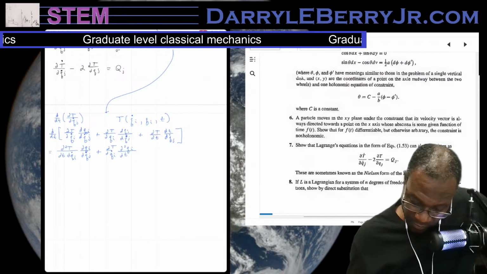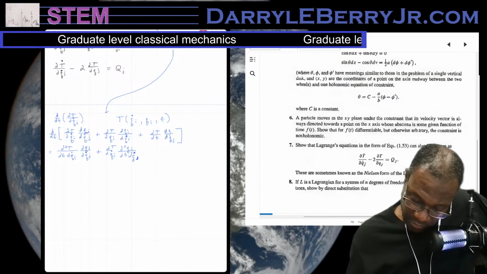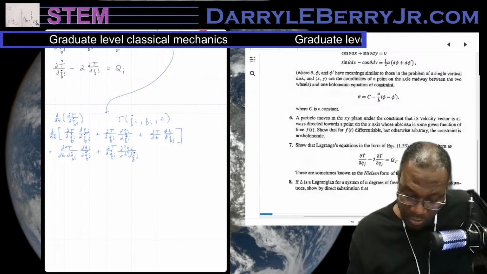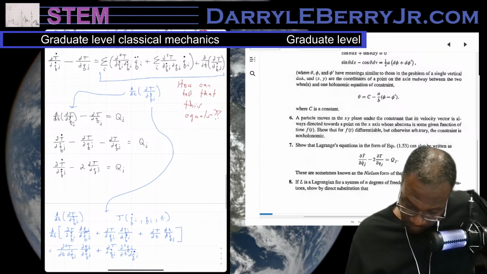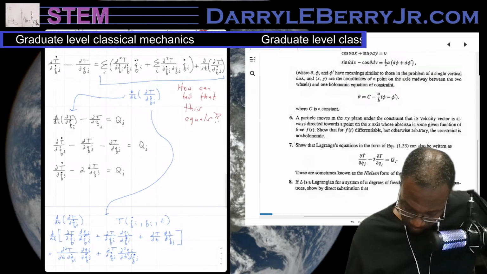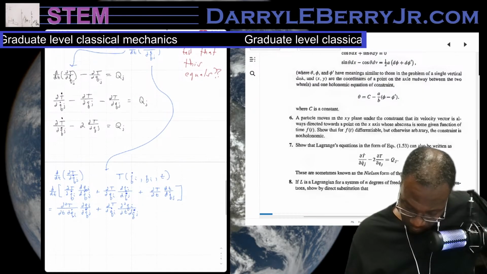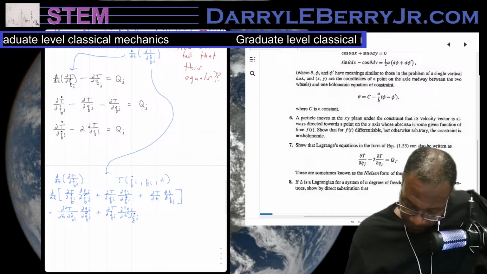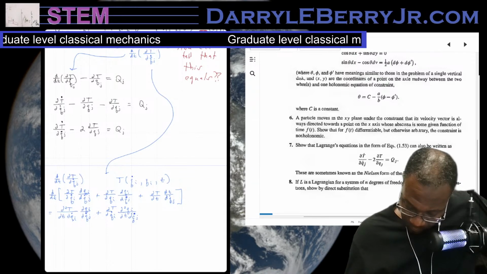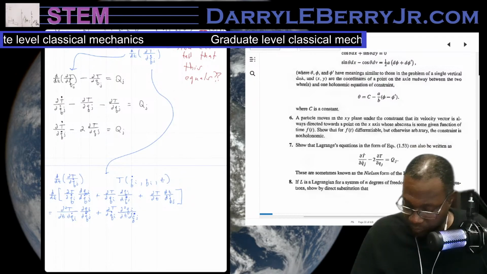I'm getting just the first term over partial q dot j. Let's see if this looks familiar. Like all of these should be zero.